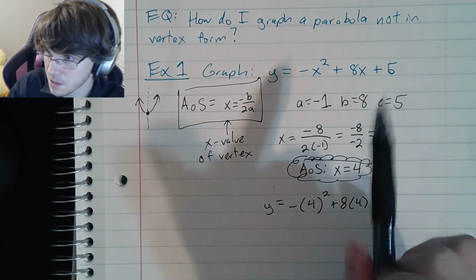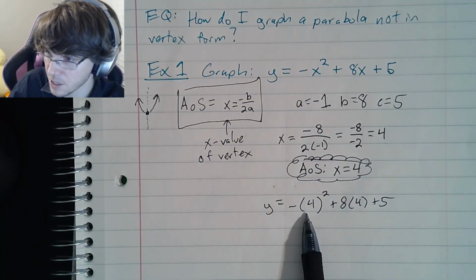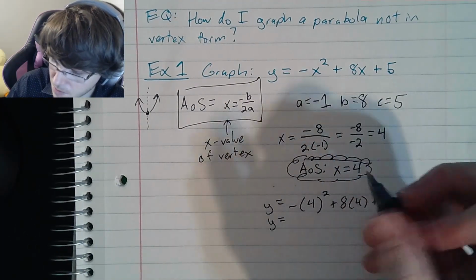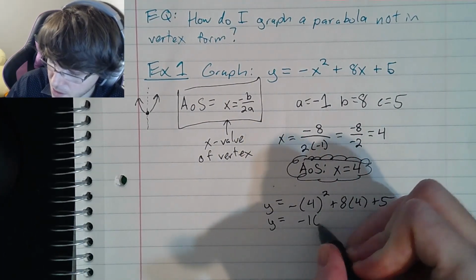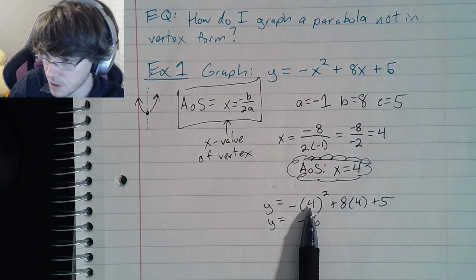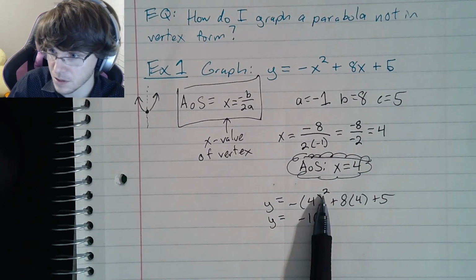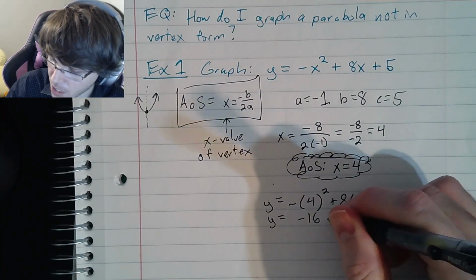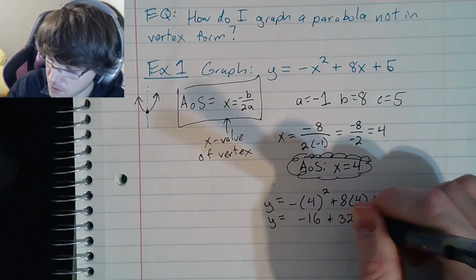so that's all I did. I took that x there, and it became the 4 that I just found. Simplify. 4 squared is 16. Please note you're squaring the 4, not -4. So 4 squared is 16, and the negative of that is -16. Plus 8 times 4 is 32, plus 5.